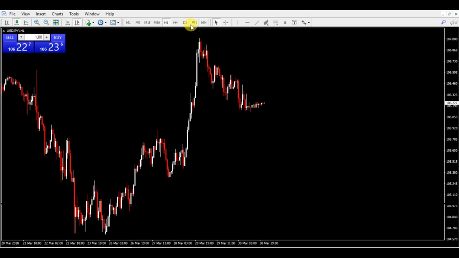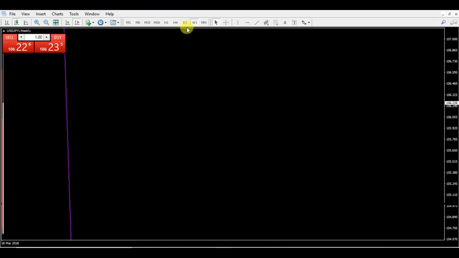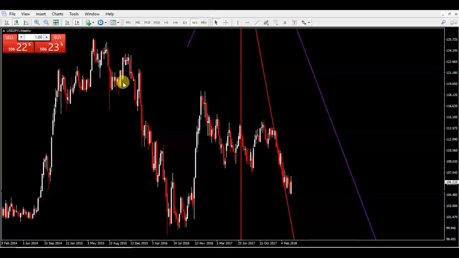Until price actually gets to these weekly and daily areas, we don't care what the market is doing in between, because only at these zones are we interested in taking a position, since we're going to get the biggest reaction. That's pretty much common sense.